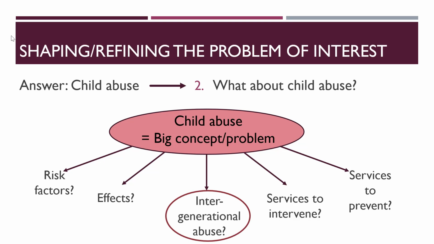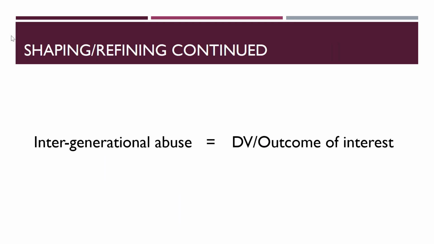But let's say we pick intergenerational abuse for the purposes of this lecture. Then intergenerational abuse is the dependent variable of interest. I know that's kind of a confusing term, but essentially we're interested in child abuse. And what causes some parents to abuse their children. Child abuse is the outcome.